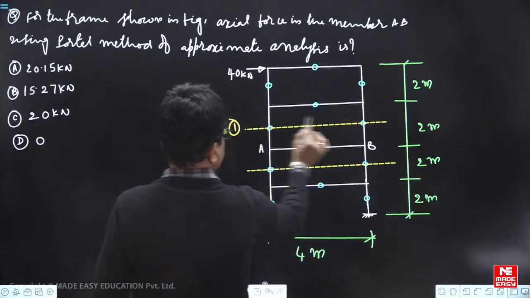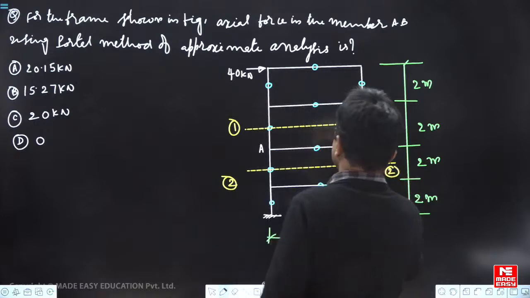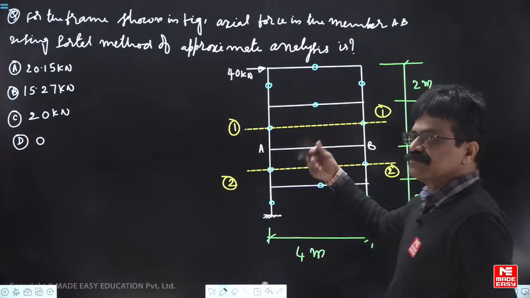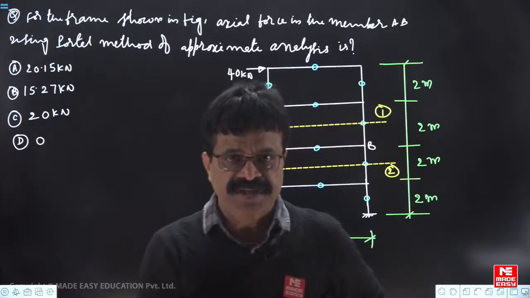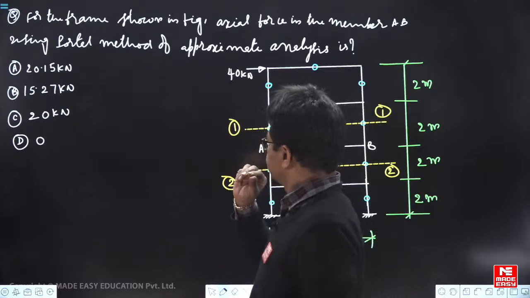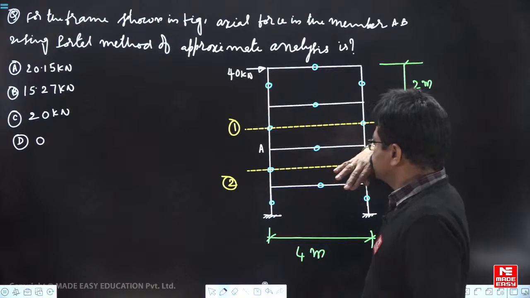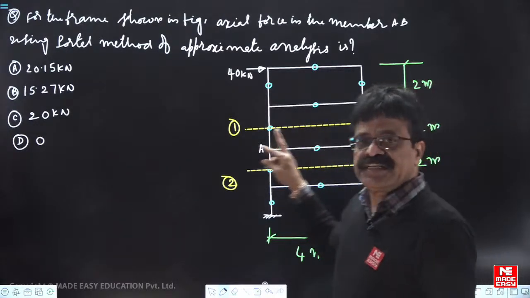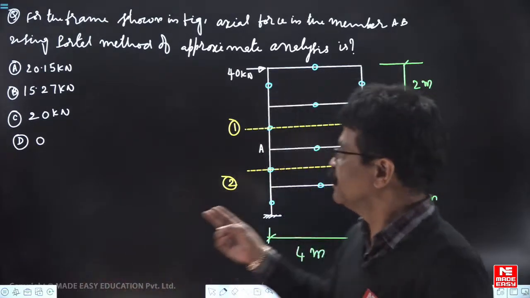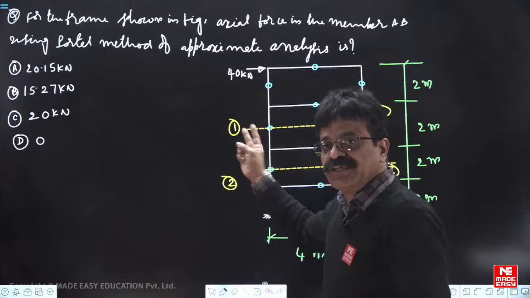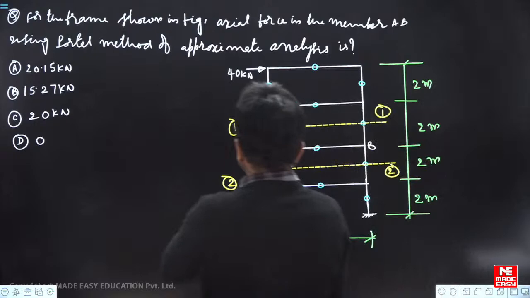You take this as 1, 1, you take this as 2, 2. Okay? Now, another assumption is exterior, if you have interior columns also. Second assumption is the horizontal shear is assumed to be distributed or divided among all columns such that the interior columns will take twice that of exterior columns, but in this case both of them are exterior columns only.